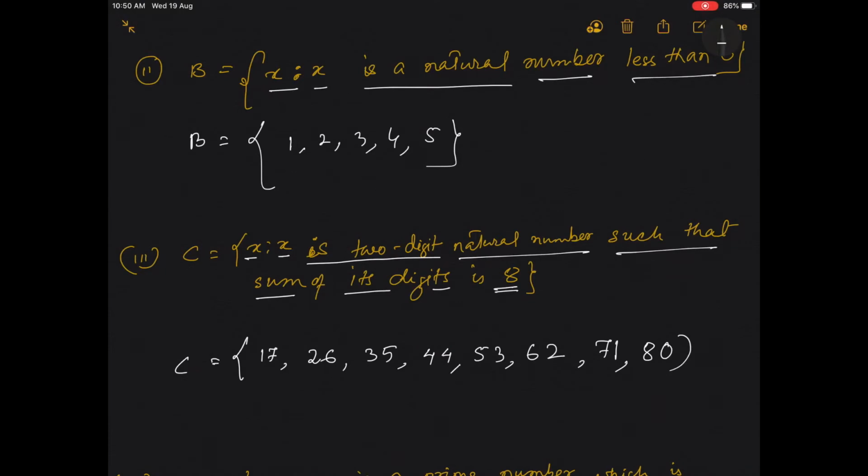Okay, so these are the 2-digit numbers, sorry, not divisible by, the sum of whose digits is 8. That's how we can write.